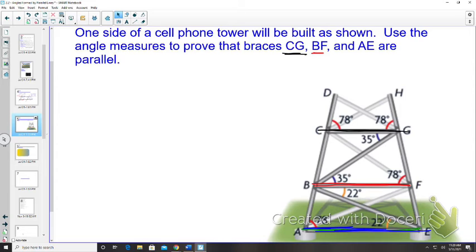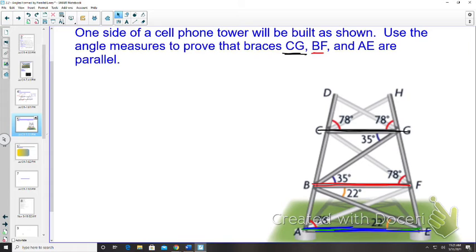Now remember, we are trying to prove that CG, BF, and AE are all parallel, so we need to look at our image and at what information we're given. So, what do we know?